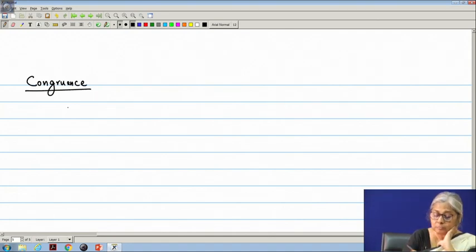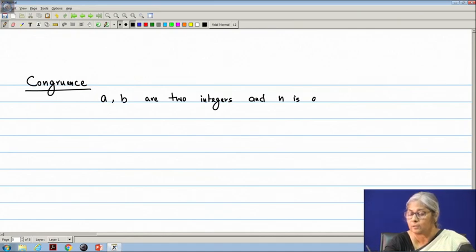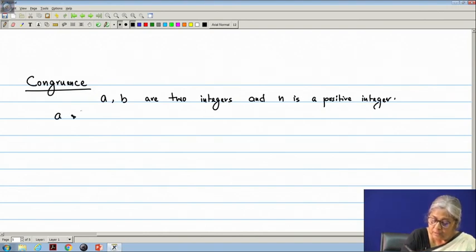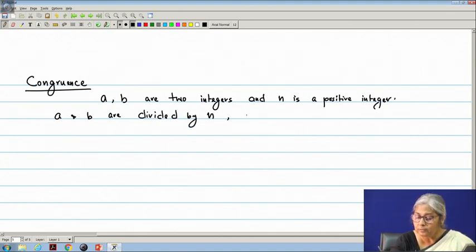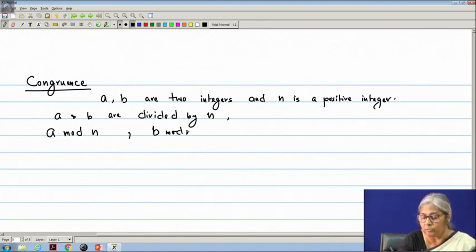If a and b are two integers and n is a positive integer, and a and b are divided by n separately, the remainder of a we write as a modulo n, and when b is divided by n, the remainder we write as b modulo n.